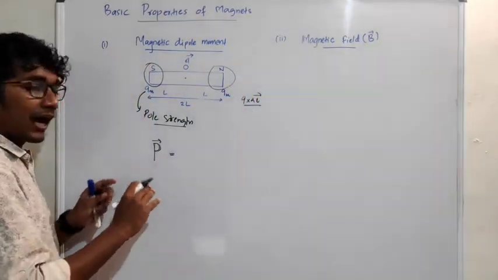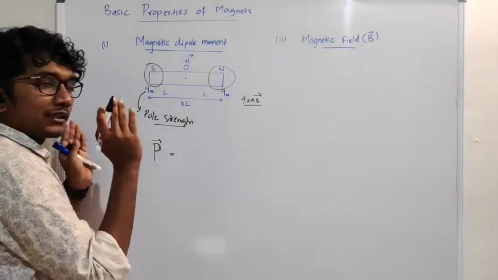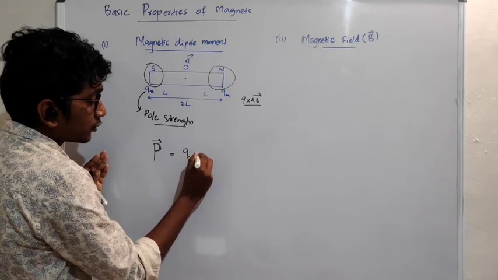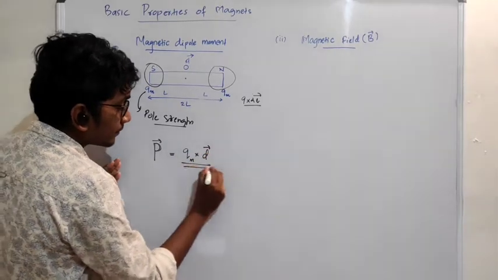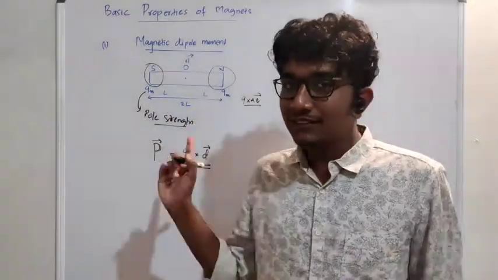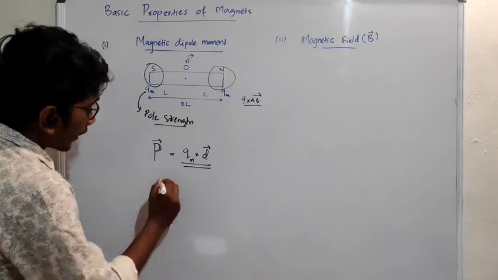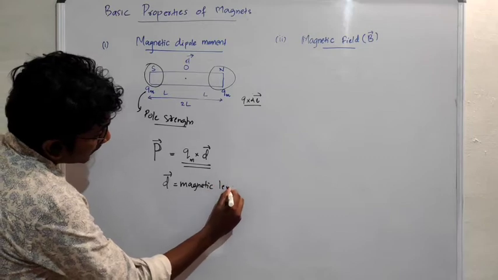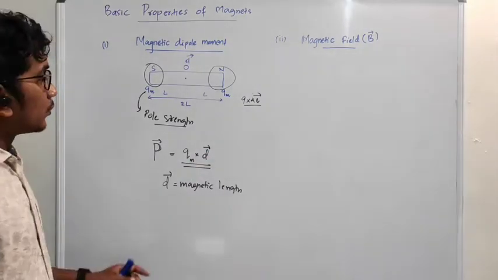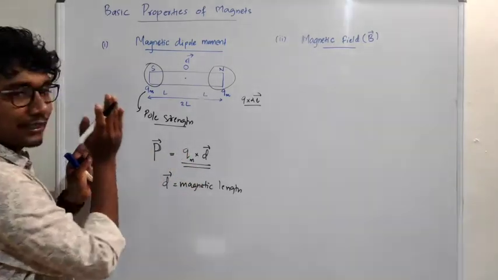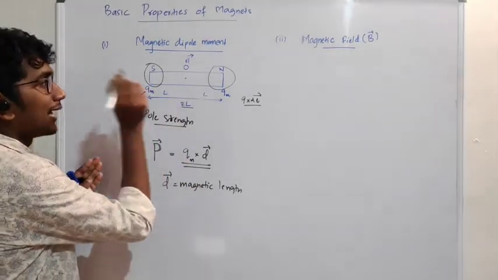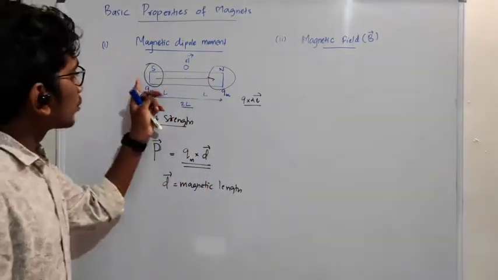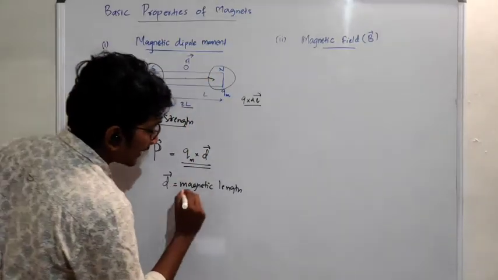Similarly, here we denote that 2L by Qm into D. This D is a vector, also known as magnetic length. Magnetic length is a vector quantity whose magnitude is equal to 2L, and the direction is from south to north.